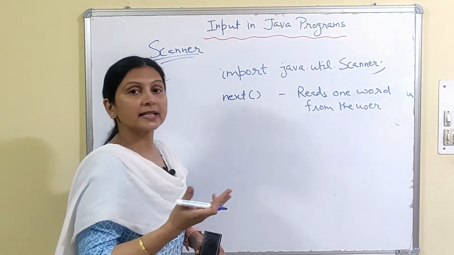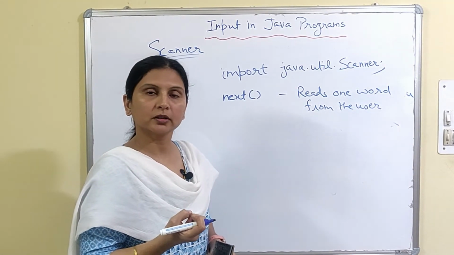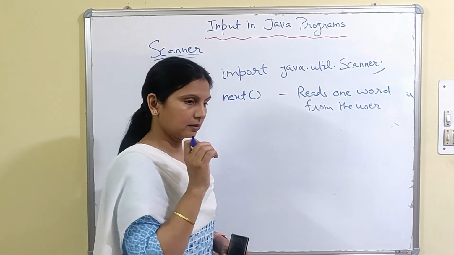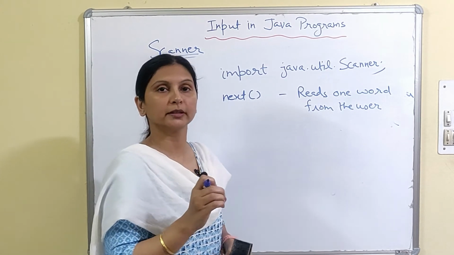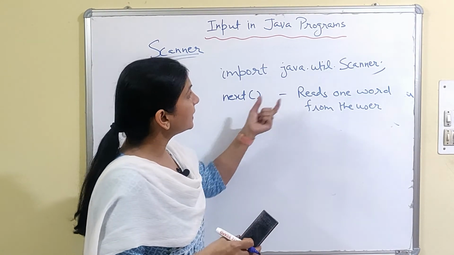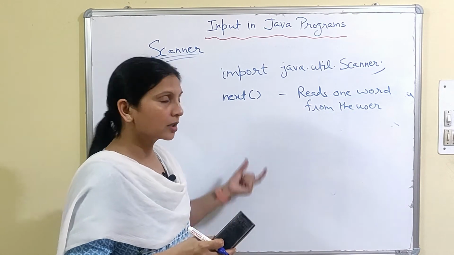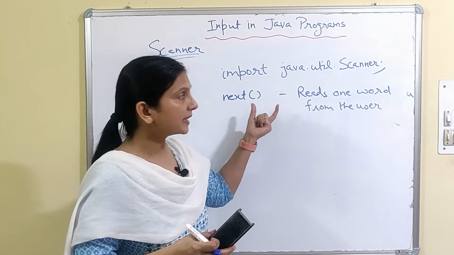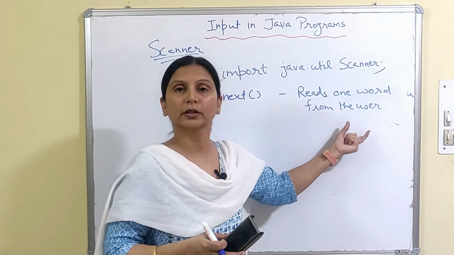Now why are we using Scanner? To get user input. Whatever the user types or inputs into the computer will be read by these functions. So what will the next function read? One word from the user.